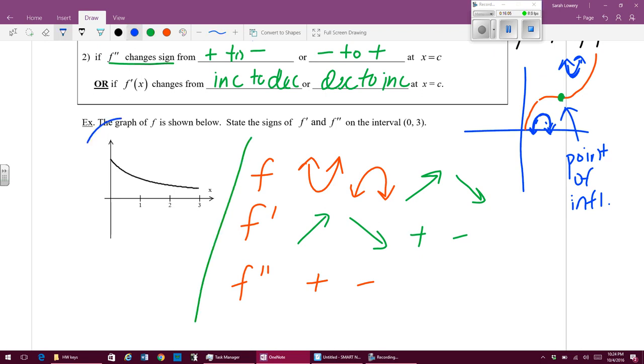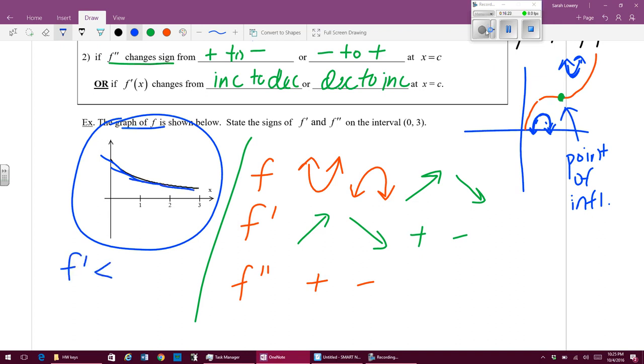So now using this chart, let's write down what we know. I notice that this graph is decreasing everywhere. This is my graph of f. It's decreasing everywhere. So every single point on this graph has a negative slope. So that means that f prime is negative.